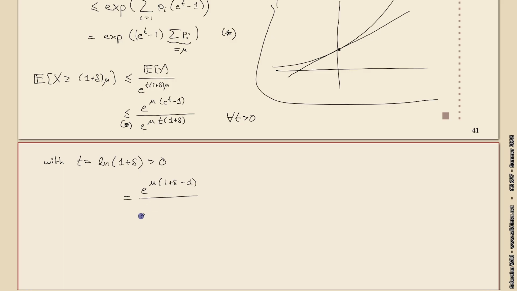And here we keep the log of 1 plus delta, which moves into the basis of this whole thing. We're using e to the log of the thing. And what's left is mu and 1 plus delta.